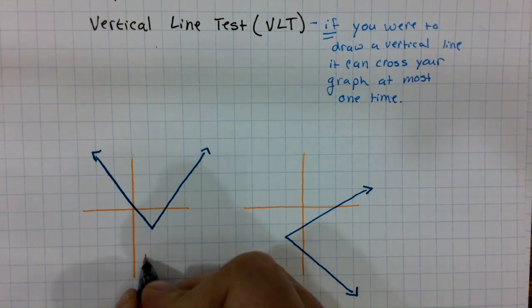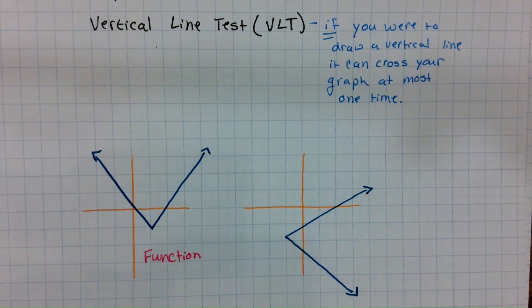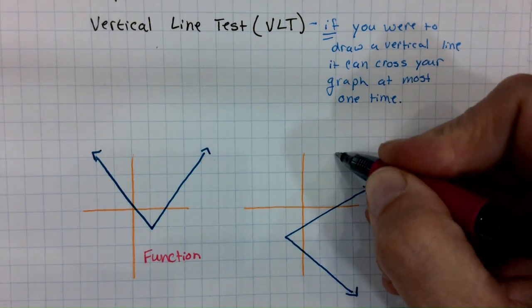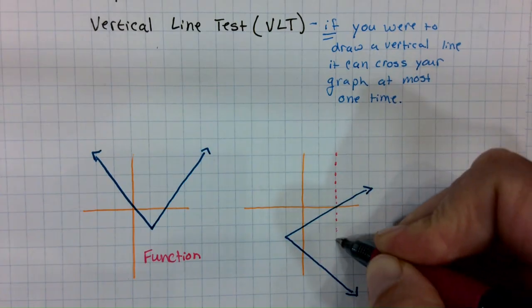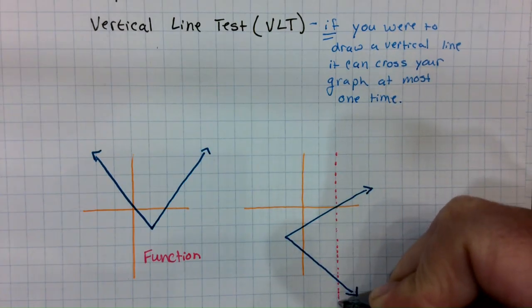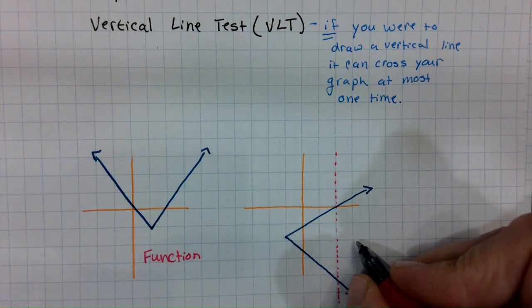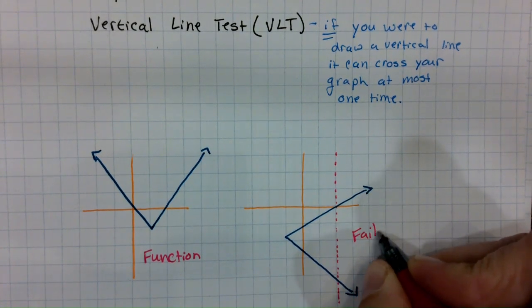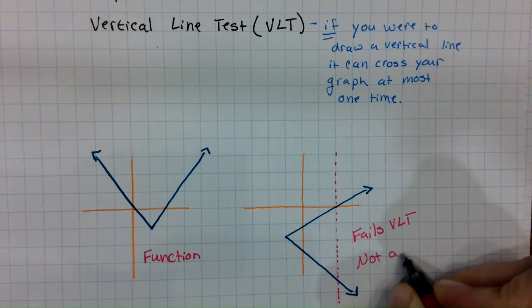Therefore, this is a function because it passes the vertical line test. Over here on the right, if I were to draw in this vertical line, it meets this particular graph at two locations. Because this is more than one time, this fails the vertical line test, so it is not a function.